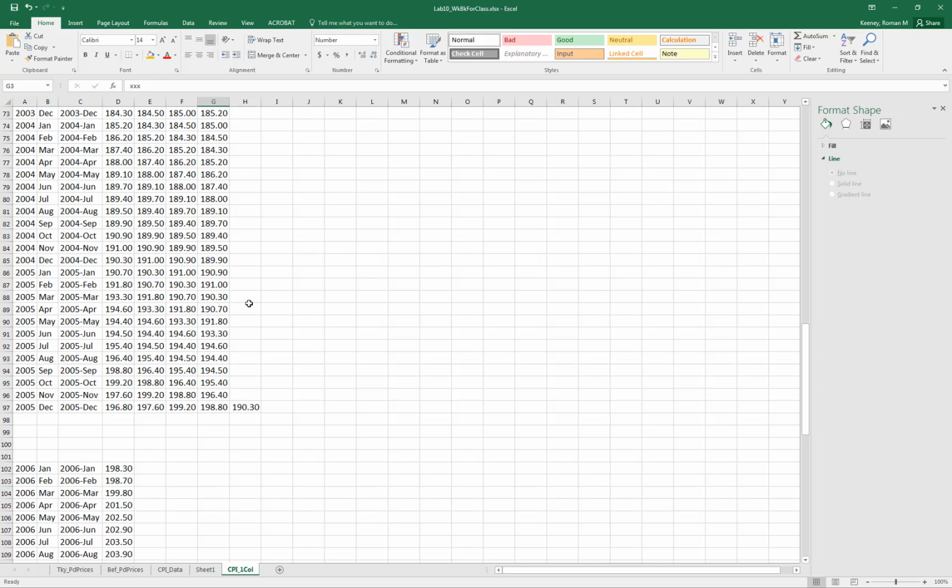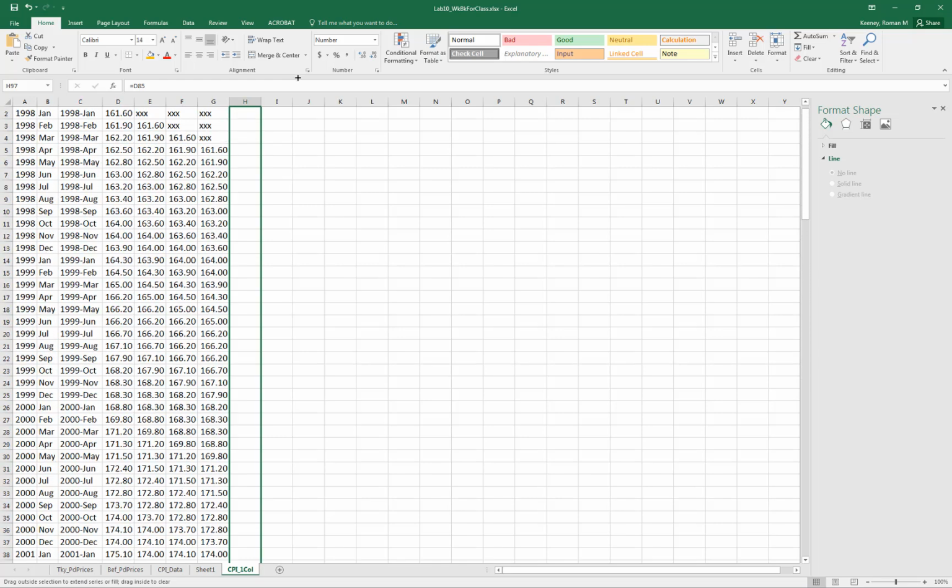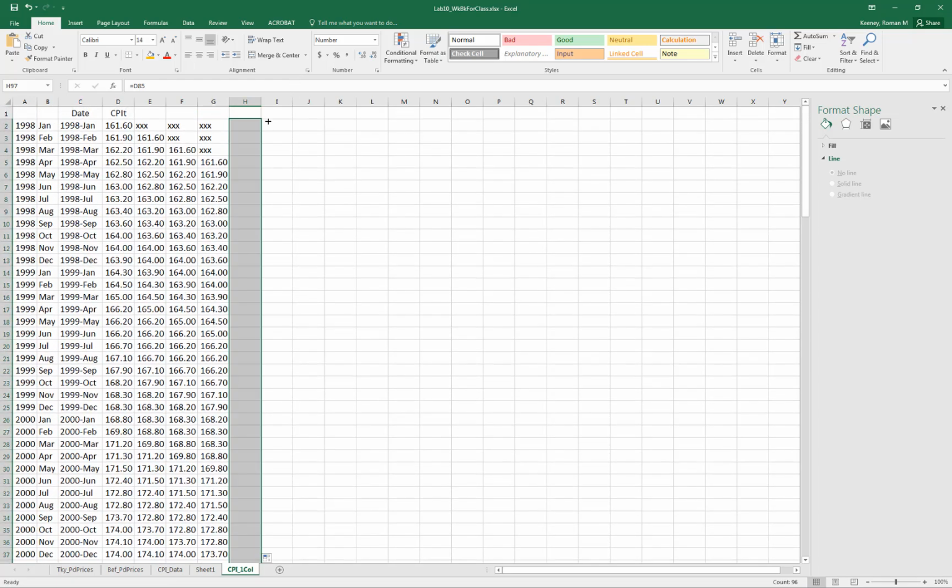And now, when we go to this, 12 months ahead, what do you think we're going to lose? Yeah, we're going to lose all of that. So if we want to use a 12-month lag, we lose 12 observations. This is just one of these issues in time series modeling.